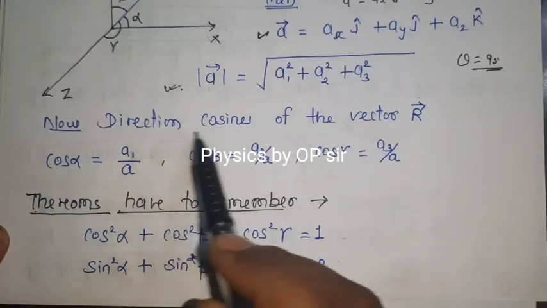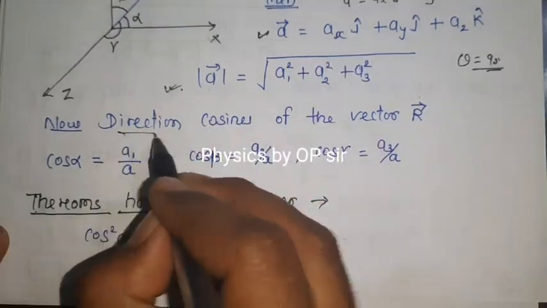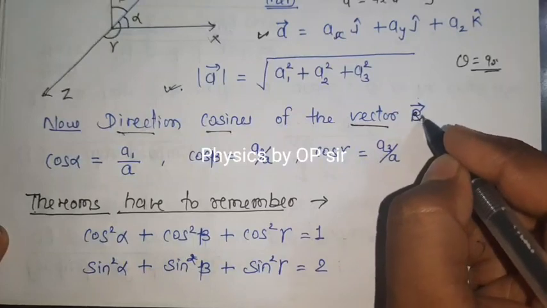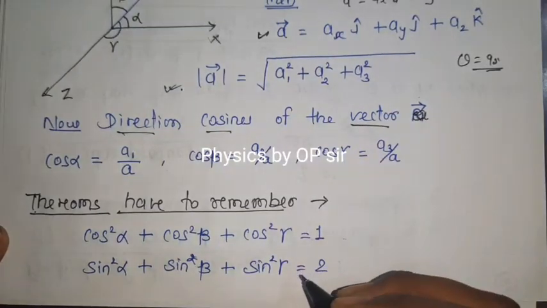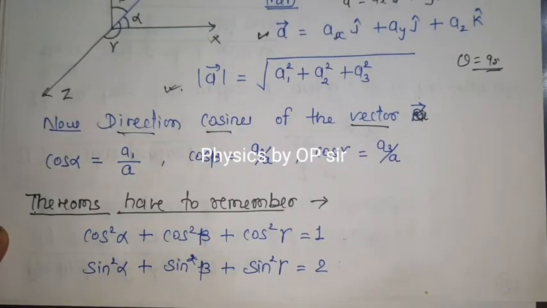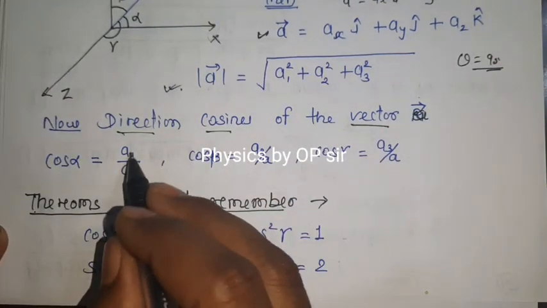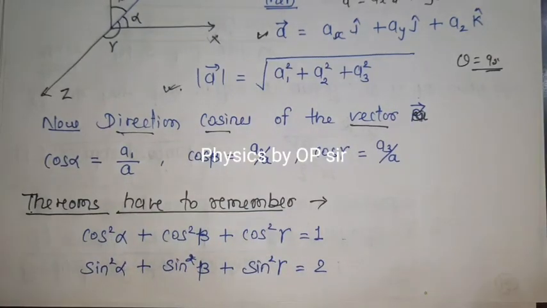Now here we have to find something more: the direction cosine. If someone asks you the direction cosine of the vector a, direction cosine means simply the values of alpha, beta, gamma in the form of cos. So then it is known as direction cosine. So cos alpha is what? Cos alpha is a1 upon a. How is this written?